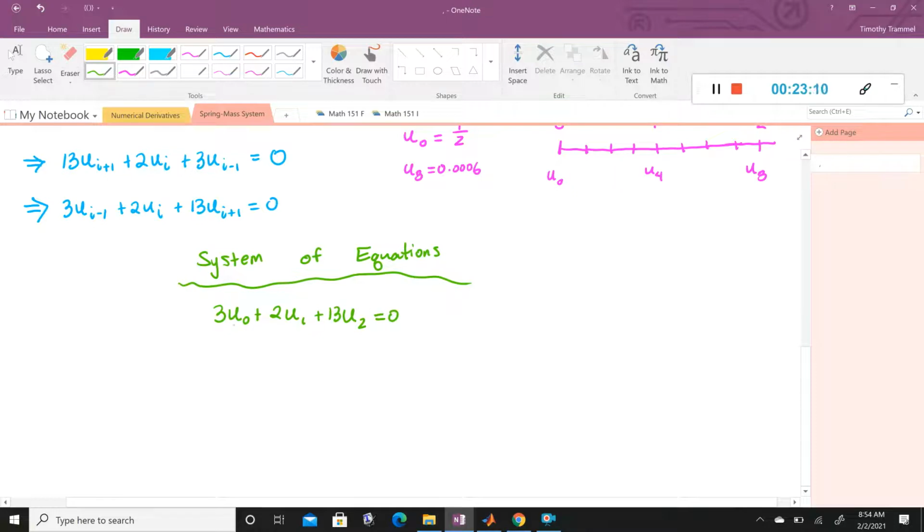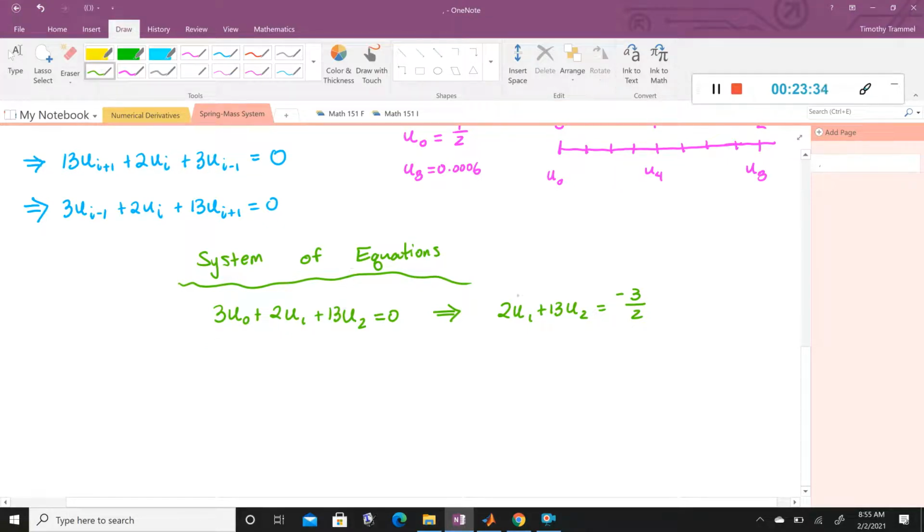But remember, we know u naught is 1/2. So we could rewrite this one as 2 u1 plus 13 u2 is equal to minus 3/2. That's just subtracting this over and using the fact that u naught was 1/2.